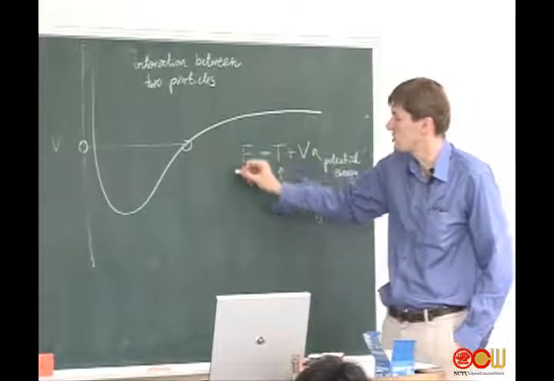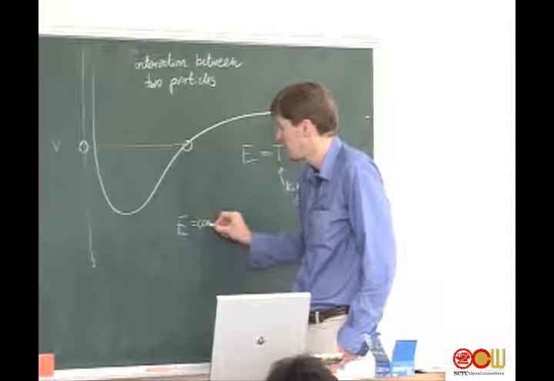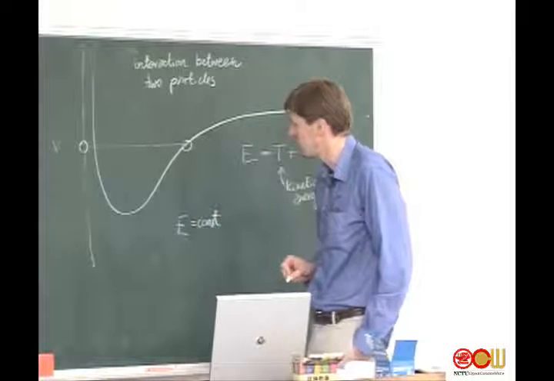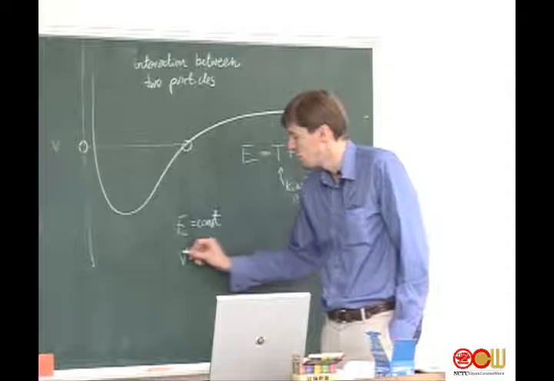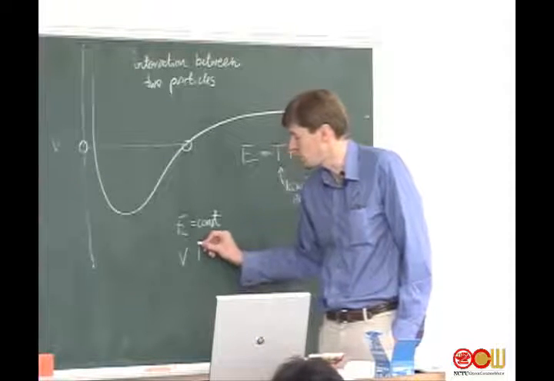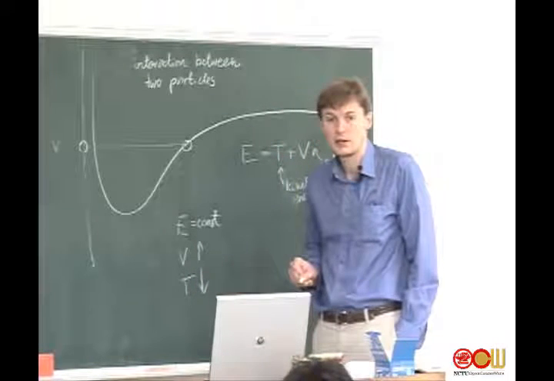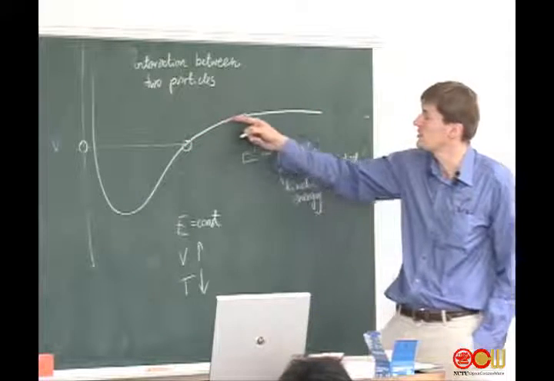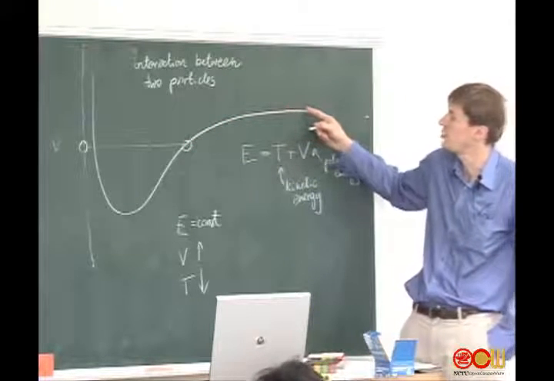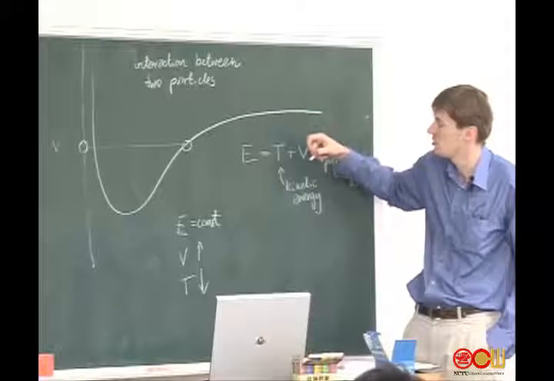But the total energy is constant because the molecule doesn't interact with anything. If the total energy is constant and the potential energy goes up, it means that the kinetic energy must go down. It means if the molecule is getting farther and farther from all other molecules, then it slowly slows down.